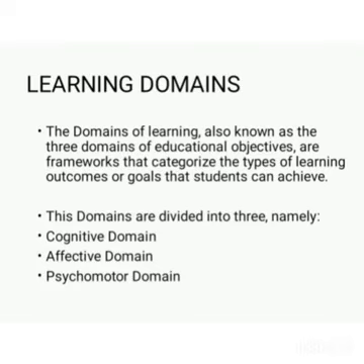So now, with the understanding of what the affective domain is, we will look at the third one, which is the psychomotor domain. Psychomotor has to do with motor skills and coordination. The psychomotor domain involves the development of physical or motor skills and coordination.